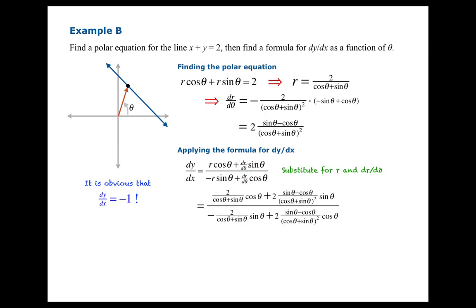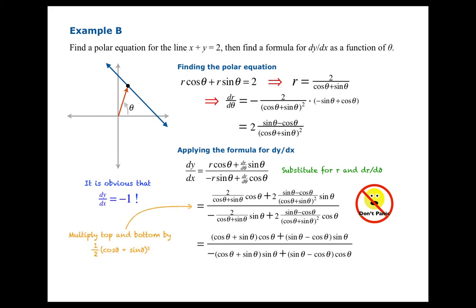And wow, okay, now we should not panic, and we should definitely not just start expanding things willy-nilly. Take a moment to look at this. There's some strategy here we could use to make life better. You could clear out the fractions top and bottom by multiplying by 1/2 quantity cosine plus sine squared.